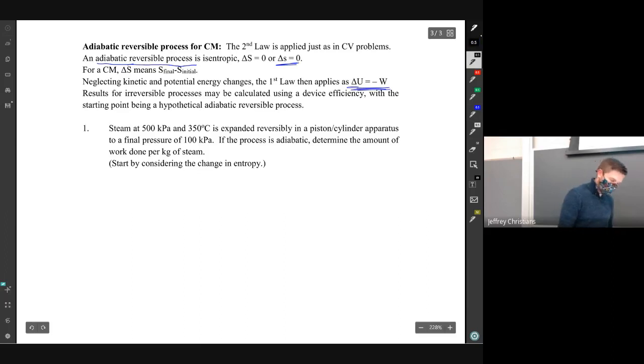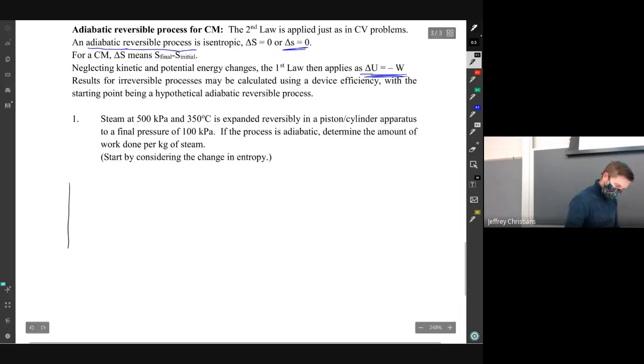If we look at this specific process, we have steam going from 500 kPa, 350, expanding to a lower pressure of 150. If this were a control volume, it would be like a turbine: we go from high pressure, high temperature, and expand down to lower pressure. We're going to do kind of the same thing, but start in our piston cylinder.